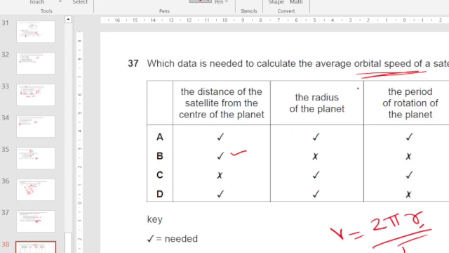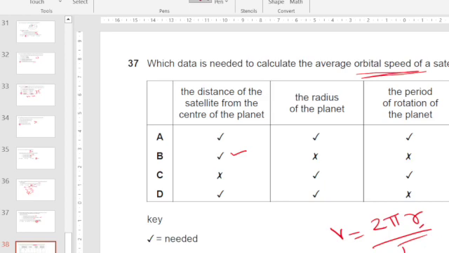Which data is needed to calculate the average orbital speed of a satellite around a planet? We need the distance and the radius of the planet and the time period of rotation. We don't want the time of rotation of the planet, but the time for the satellite to orbit the planet is required.